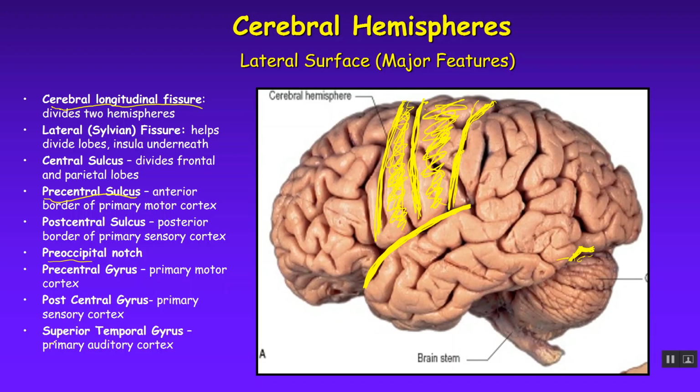And then lastly, the only other gyrus we'll show here just for now is the superior temporal gyrus, which is this area right there. So superior temporal gyrus. Okay, that's the primary auditory cortex. And actually the primary auditory region is really right in this area here, where primary auditory information comes in for the initial processing.